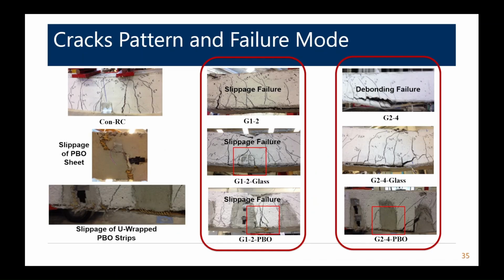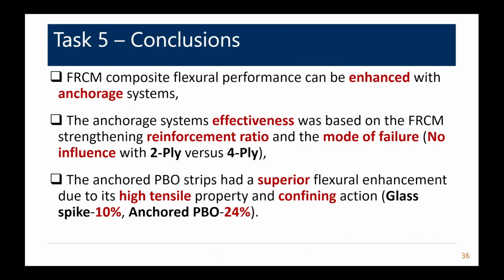And this just shows you the debonding on the upper right and then the slippage failure in the middle. You can see really good crack distribution at these higher strain rates, and so that's pretty good. So just to wrap up, you can enhance the capacity with an anchorage system, but it's important to understand the mode of failure.